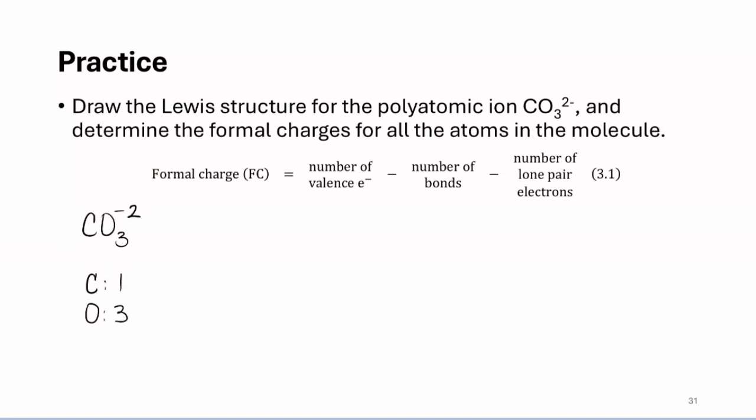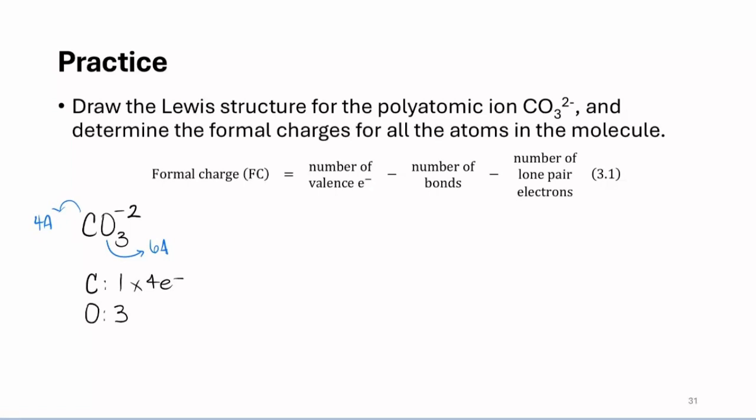Then I look at the group number for each of the atoms. Carbon lives in 4A. Oxygen lives in 6A. That means that each carbon atom is going to contribute 4 electrons. In this case, we have only one.